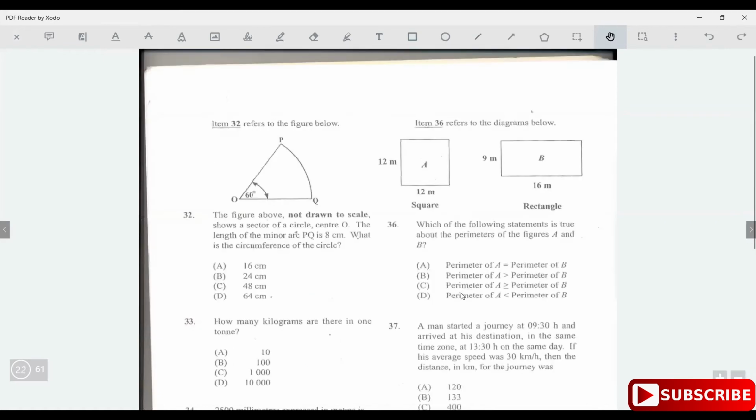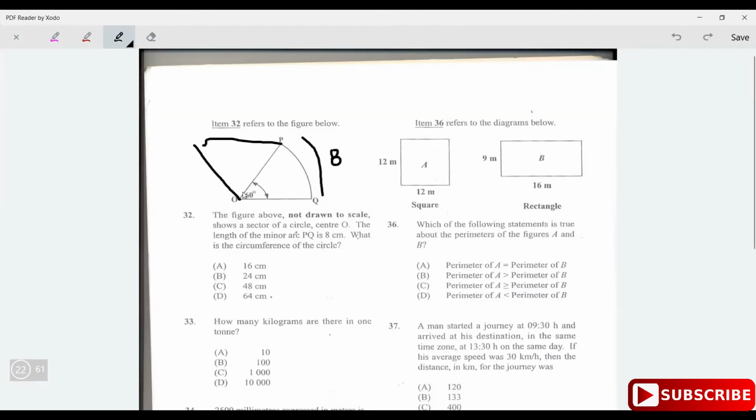Question 32 says, the figure above, not drawn to scale, shows a sector of a circle, and they said the length of the minor arc is 8. So this distance right here is 8. They ask, what is the circumference of the circle? If this is 60 degrees, if I were to construct another sector with an angle of about 60 degrees, then I know that the length of this would also be 8.